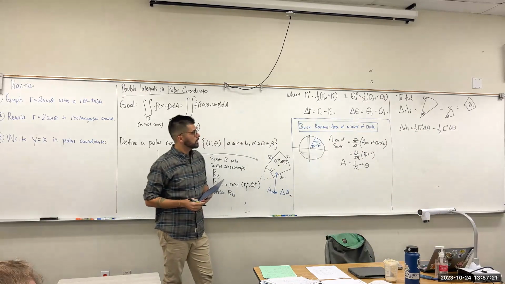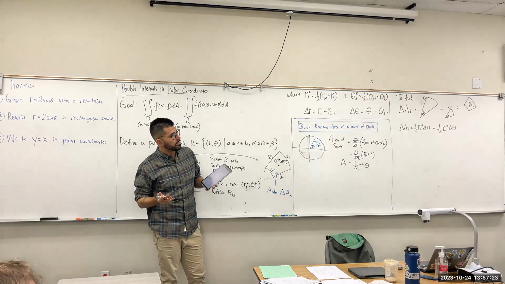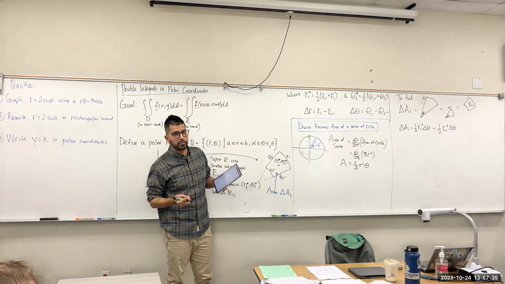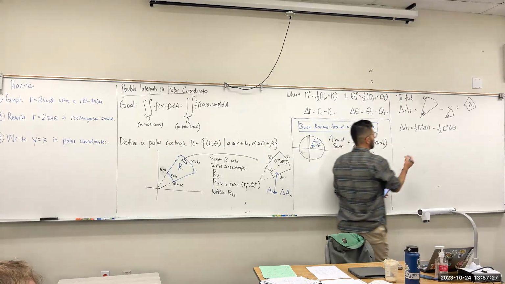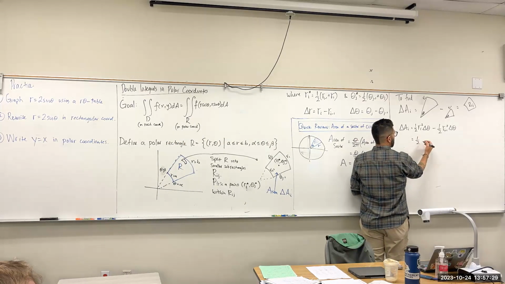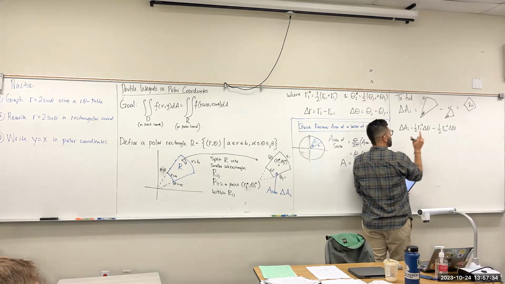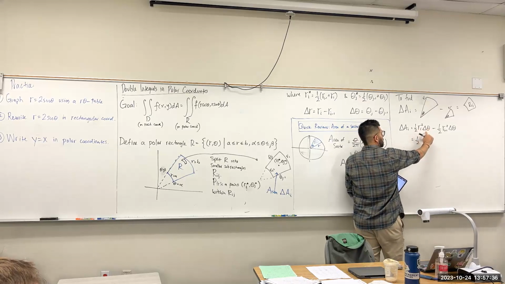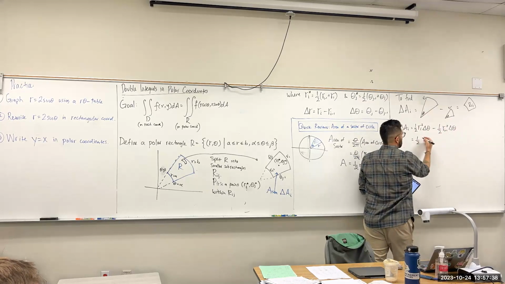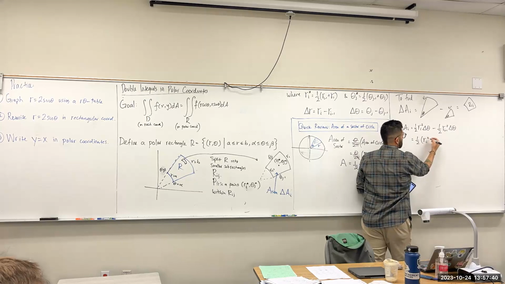So that's pretty. Look, what can we factor out? r_i squared minus r_{i-1} squared. That's right. I'm gonna purposely factor out the delta theta to the right, though. Okay. So notice that it looks like this.